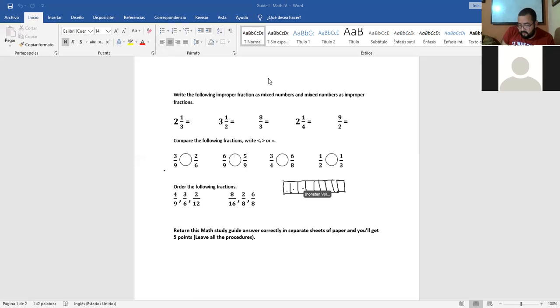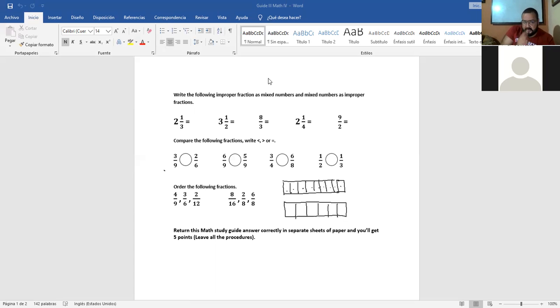We have 9 parts. And in the one below, we need to do the exact same rectangle. But this rectangle is going to be divided in 6 parts. 1, 2, 3, 4, 5, and 6.